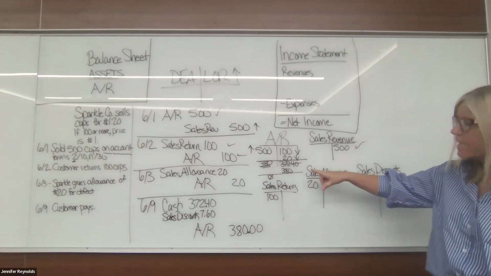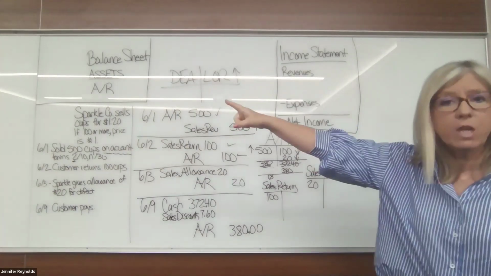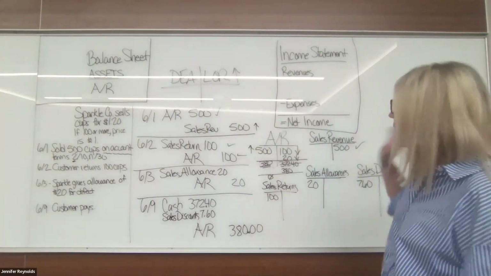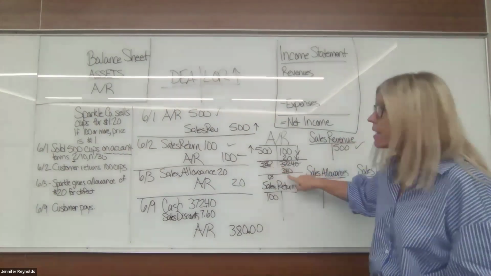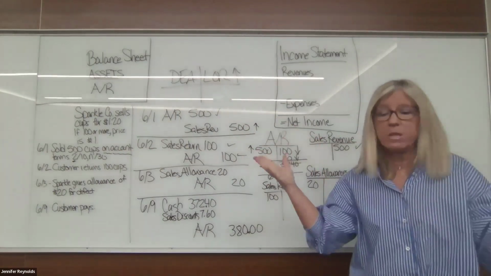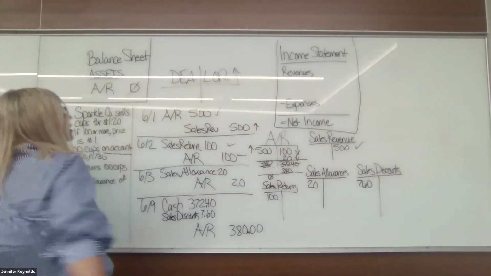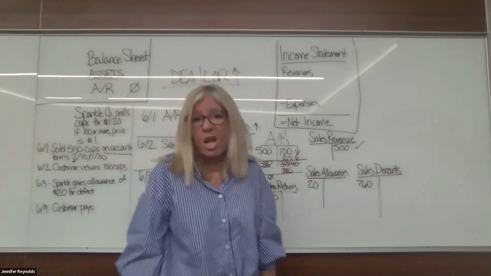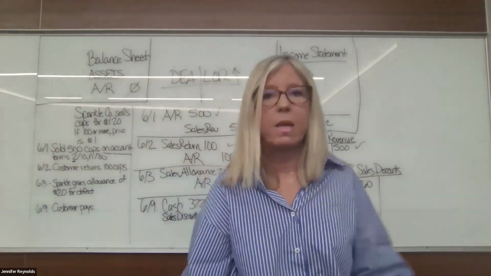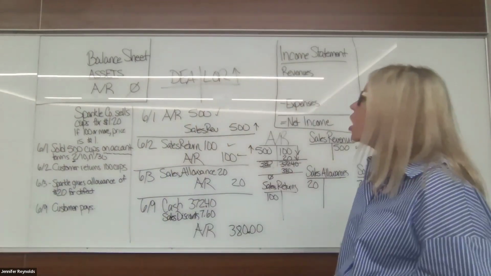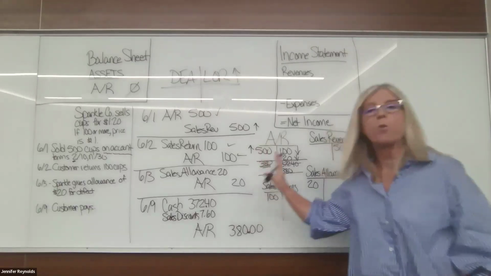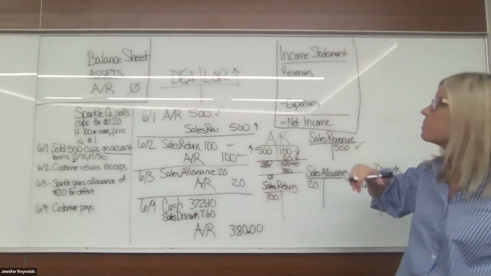Well, AR is an asset, so it goes over on our balance sheet. At this point, 380 minus 380 is zero. If this were our only customer and the only transaction, Sparkle would record nothing. Customers don't owe us anything at present time for AR. The rest of this stuff, revenue related, goes on our income statement.